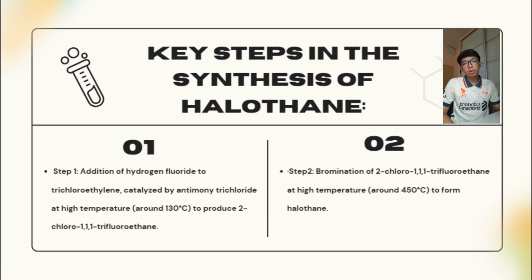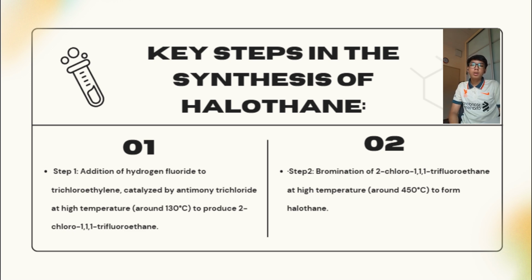Okay, now I'm going to tell you guys about the key steps in the synthesis of HELYATI. The first step is addition of hydrogen fluoride to 3-chloroethylene catalyzed by antimony trichloride at a high temperature around 130 degrees Celsius to produce 2-chloro-1,1,1-trifluoroethane.